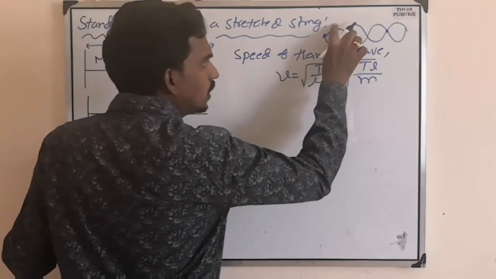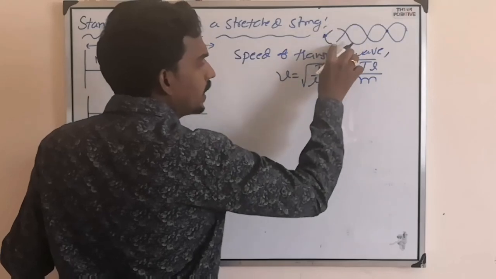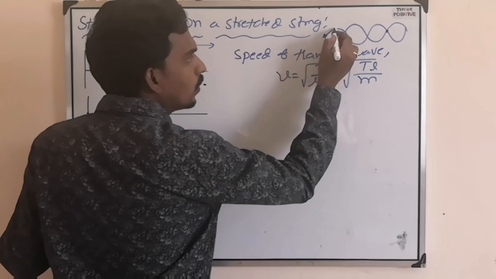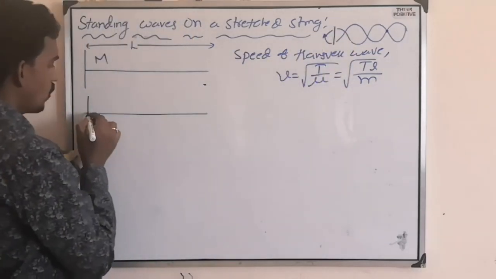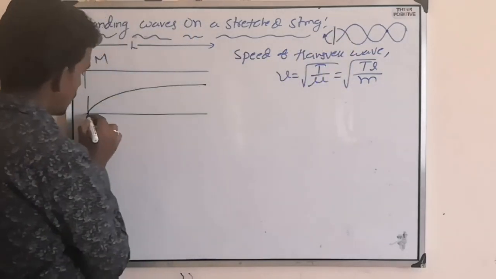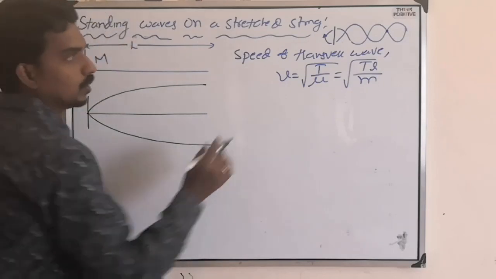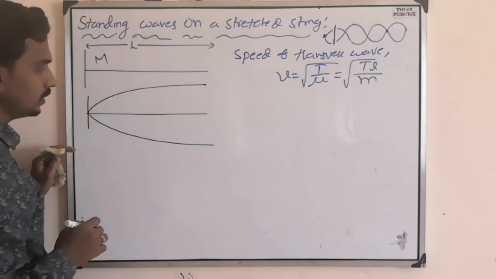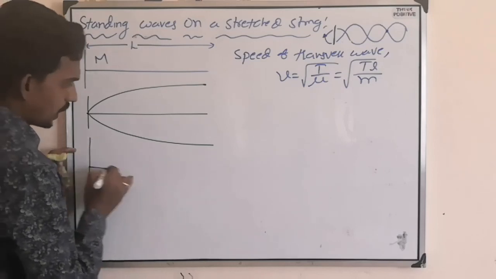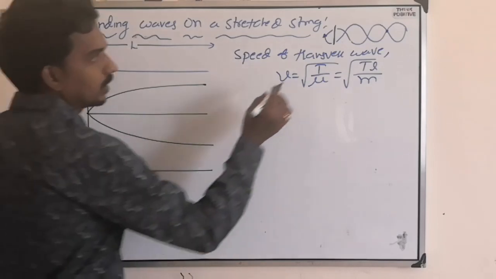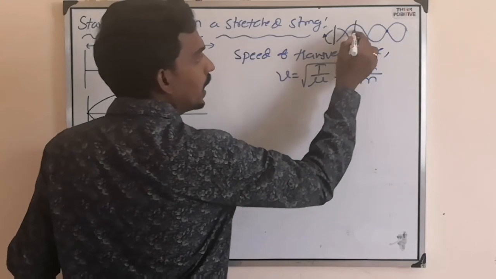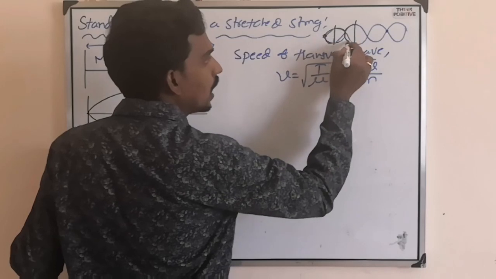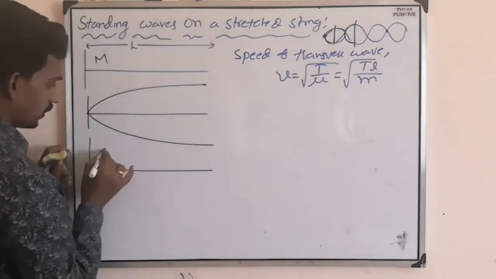Now if you consider, here one antinode and here one node. So a node and one antinode. How much minimum is possible? Half loop, only half loop, node and antinode. But if you consider the next possibility, see here, node and antinode: one full loop and one half loop, like this.